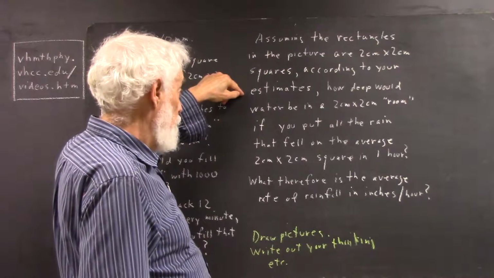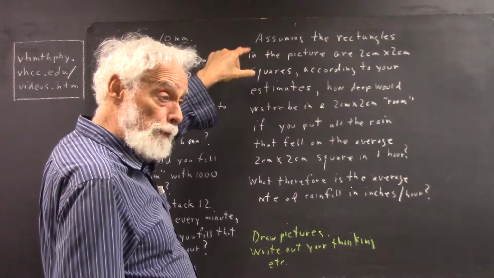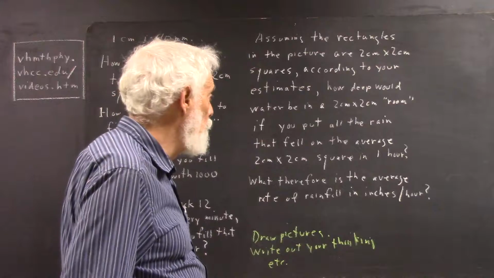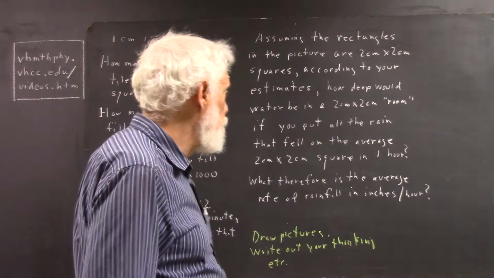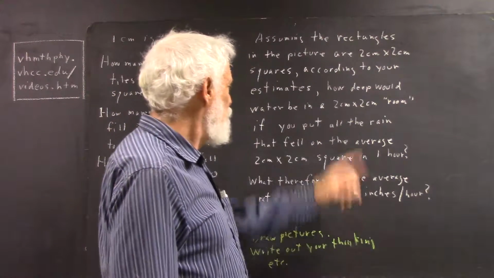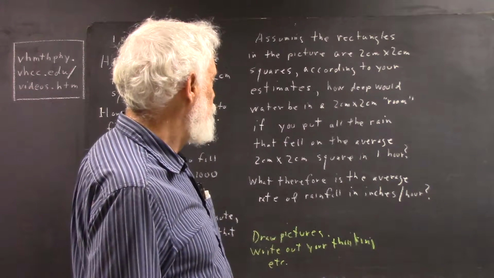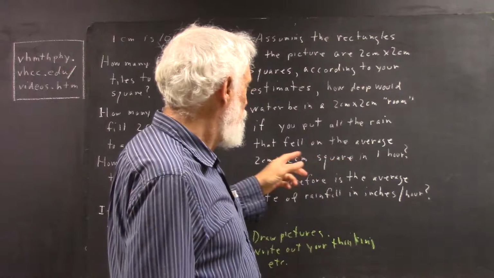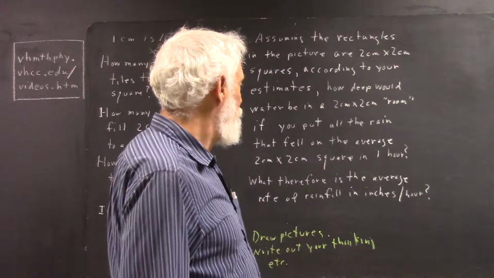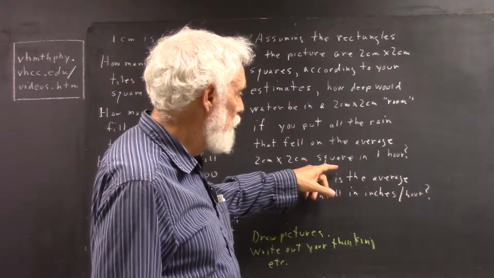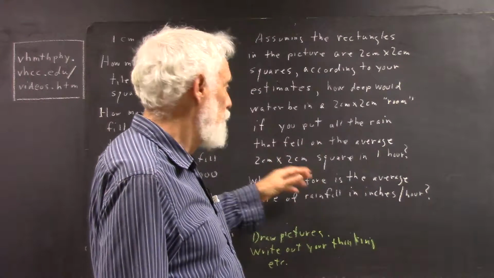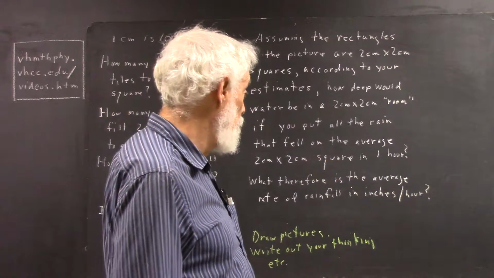But let's make that assumption that these are really squares, and you're not too far off if you do that. Then the question is, how deep would the water be in that room if you put all the rain that fell on a 2 centimeter by 2 centimeter square in an hour?